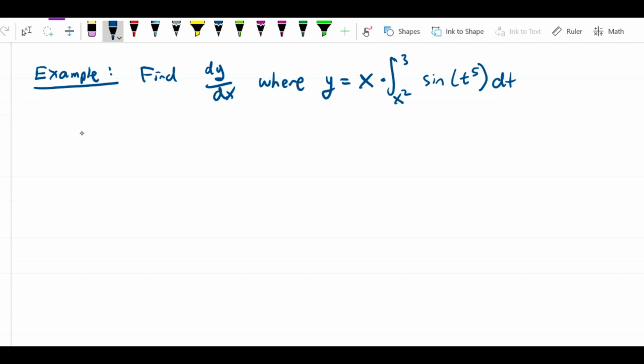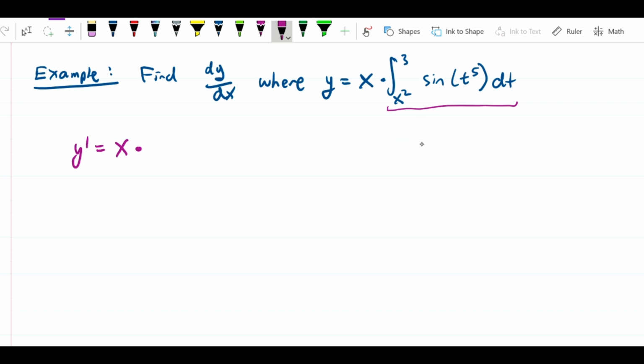So let's write this as y prime. Y prime is going to equal x times the derivative of this thing. Well, we know how to find the derivative of that.